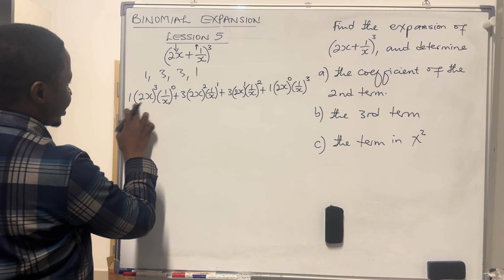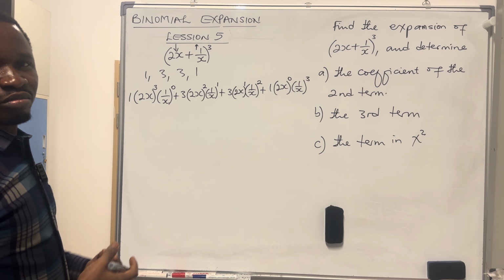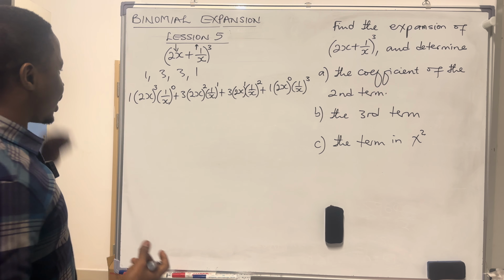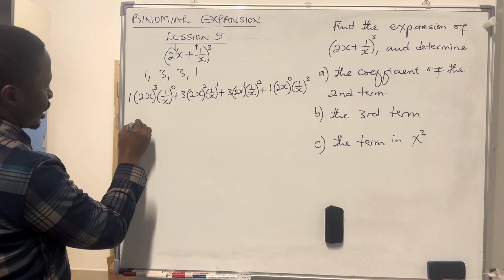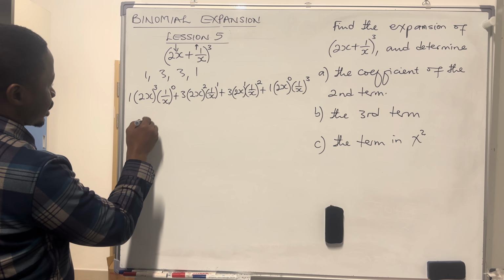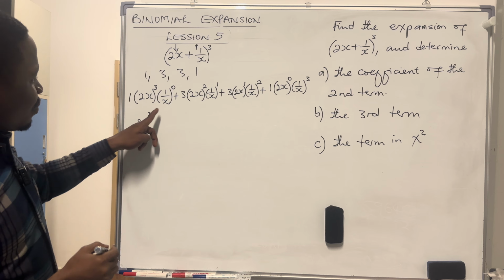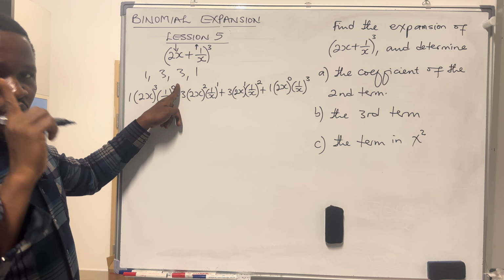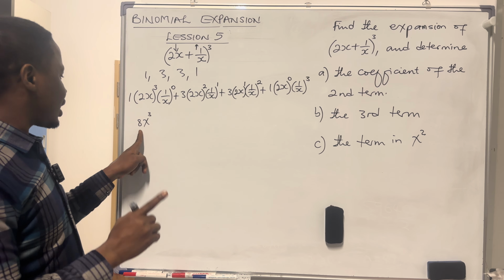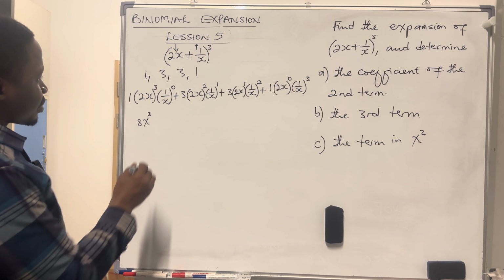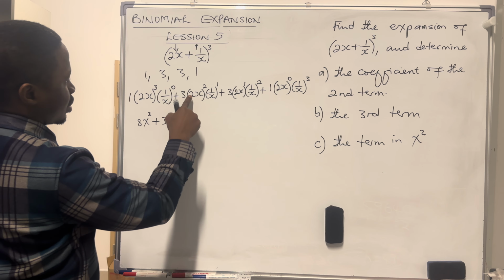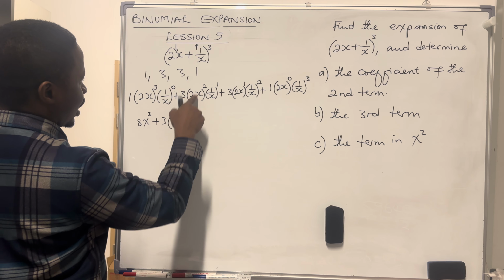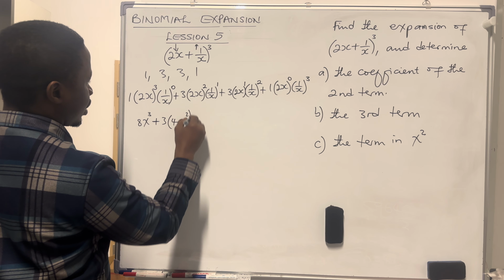So this is 1 times any value, it doesn't make any sense, so let's ignore it. 2 to the power 3 is 8 and this is x cubed. Any value raised to the power 0 is 1. This is 3. 2 squared is 4 and x squared.